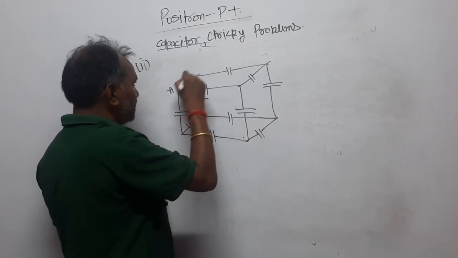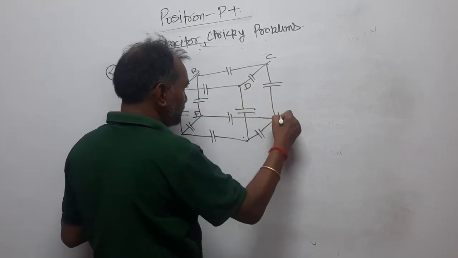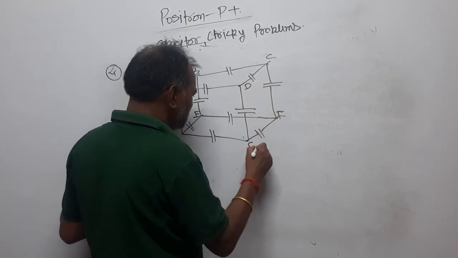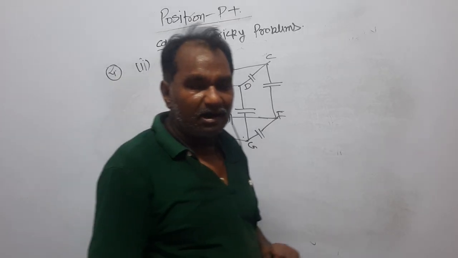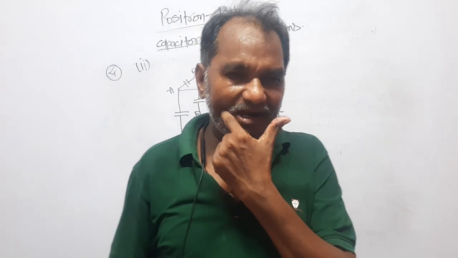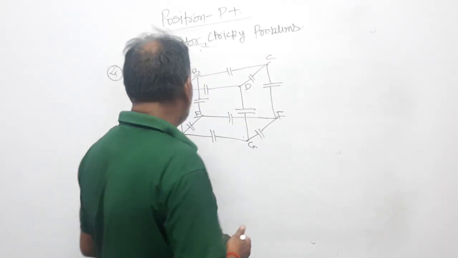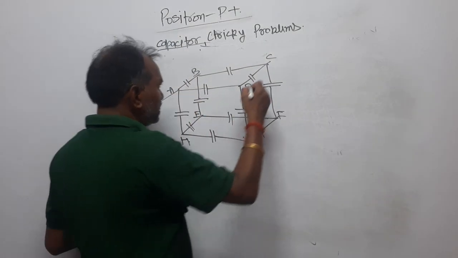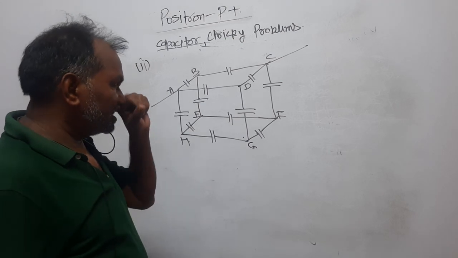Again, I am giving names A, B, C, D, E, F, G, H. Dear student, last time we took the points across the diagonal of the cube. This time we are going to take the surface diagonal, the points across the surface diagonal. Let the points be A and C.